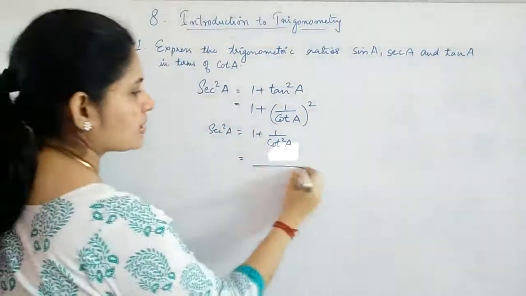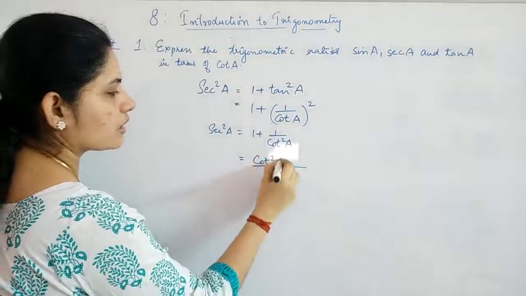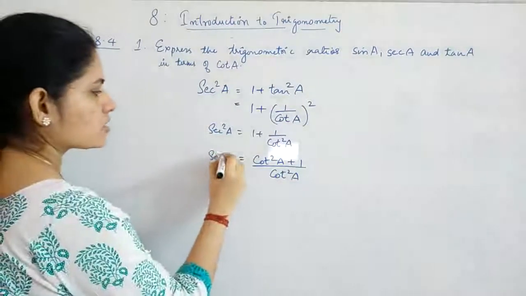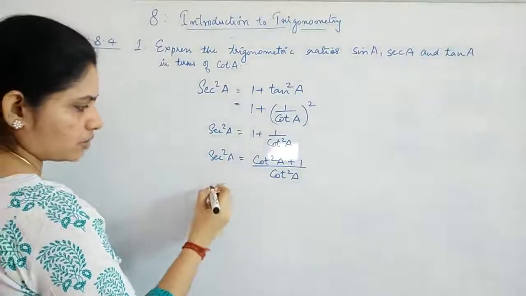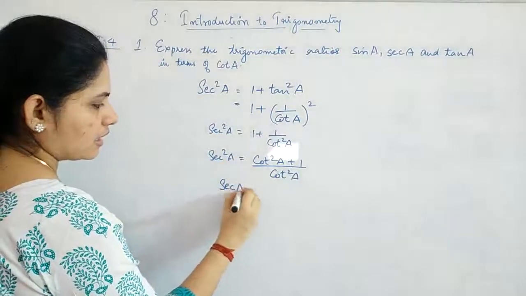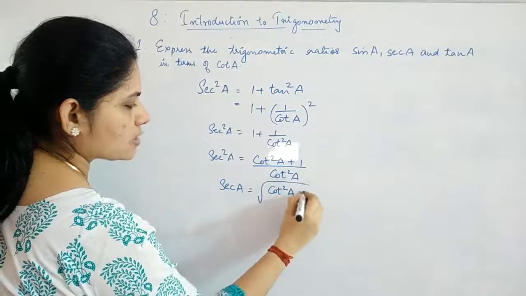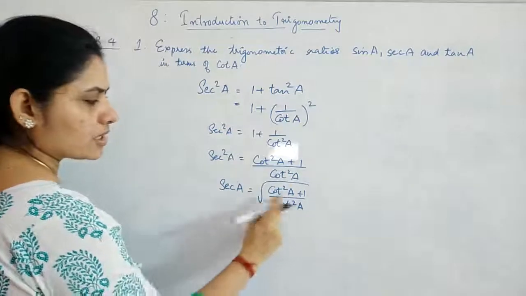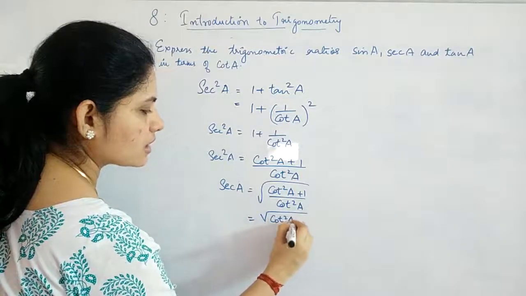Now taking the LCM, you will get cot square A in the denominator and cot square A plus 1 in the numerator. That is your sec square A. Now what you need? Sec A. So taking again square root on both sides, you will get sec A is equal to root of cot square A plus 1 divided by cot square A. Now you can split the root on numerator and the denominator separately.